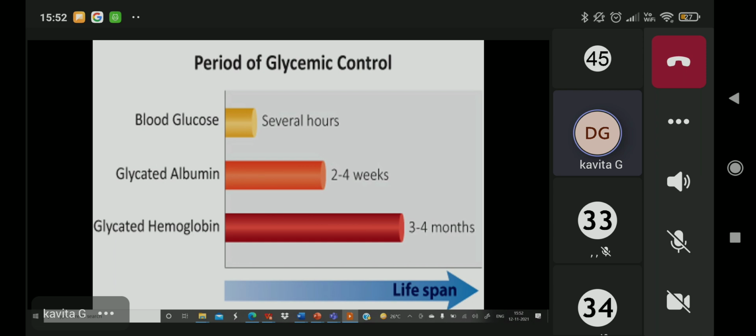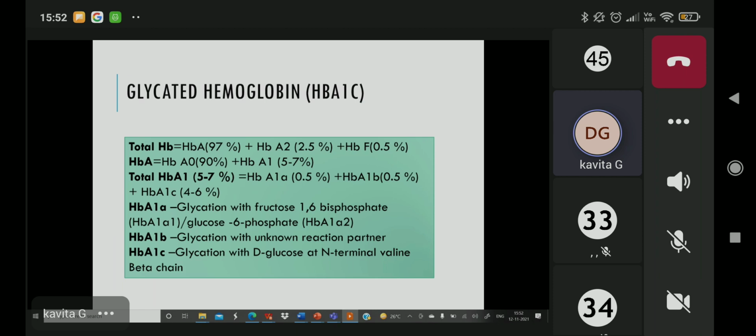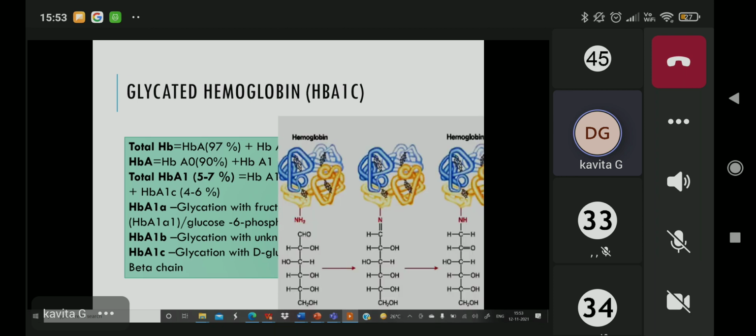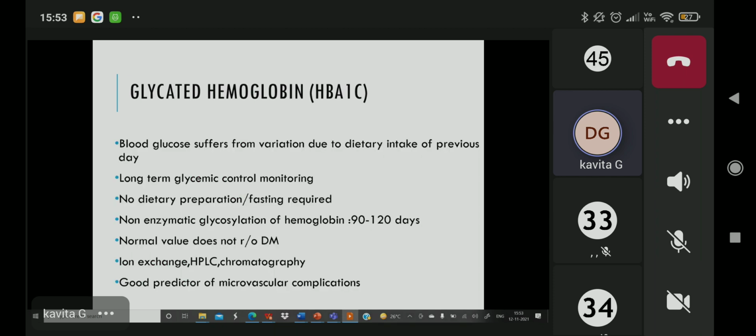Now, what is HbA1c? Hemoglobin has a number of fractions, and among these is adult hemoglobin. Adult hemoglobin is 90% HbA0, and a very small fraction is HbA1. HbA1 then has further subtypes. HbA1c is what we are interested in. Basically, we are analyzing the 3-month blood glucose control.